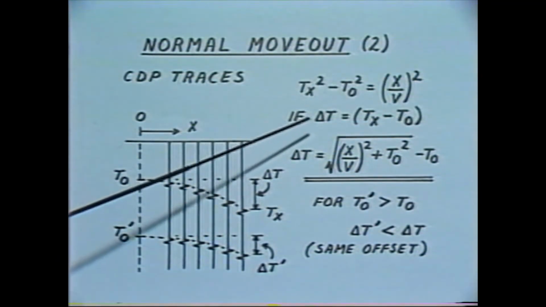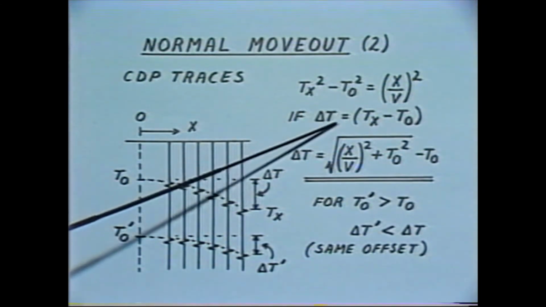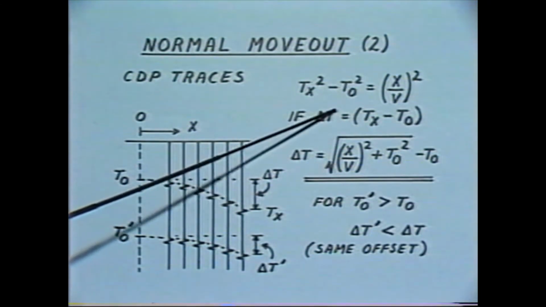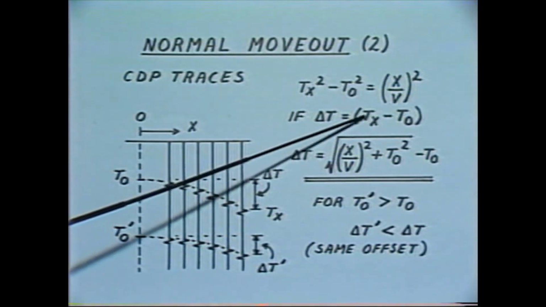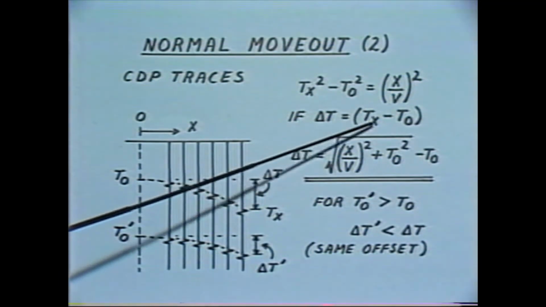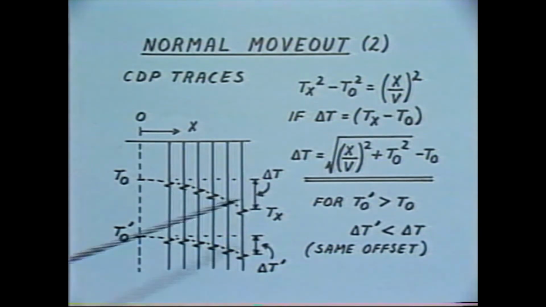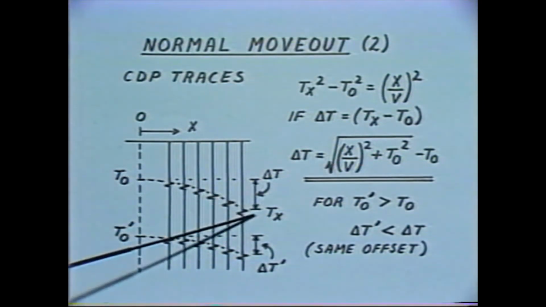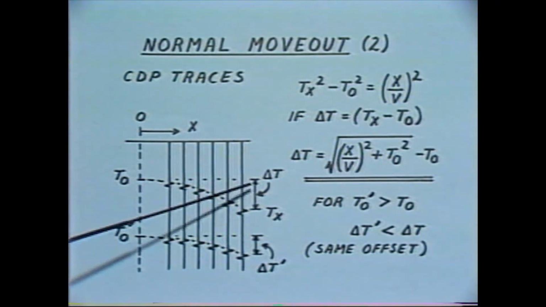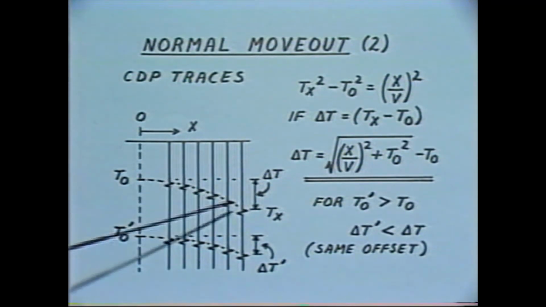And now we'll define a quantity called delta t, delta time, as the difference between the travel times on a trace at some offset and that on the zero offset trace. So in other words, if we have a reflection arriving at this time on a trace at some offset x, and a reflection from that same point arrives at this time on a zero offset trace, delta t is the difference between those two times, between the zero offset travel time and the actual travel time on a trace at a particular offset.